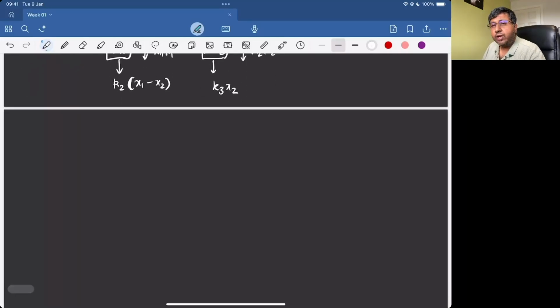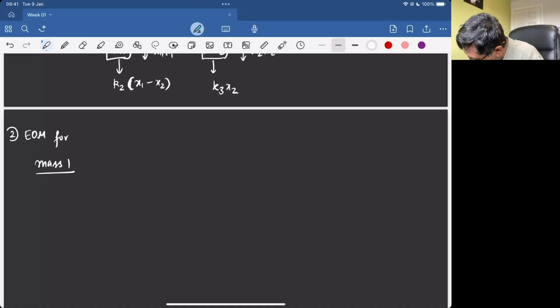So we can write the equilibrium equation of motion for both masses. That would be m1 x1 double dot is equal to minus k1 x1 minus k2 into x1 minus x2 plus f1 of t.